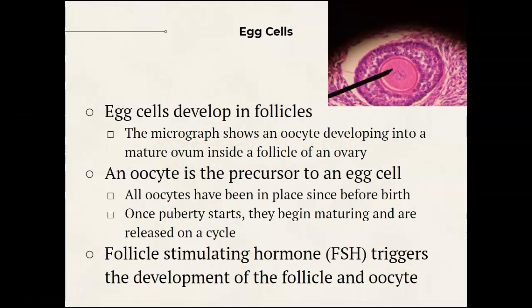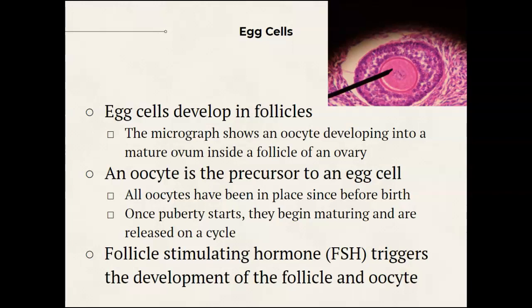When biological females are born, all oocytes exist. So you have a set amount of oocytes in your body when you're born. Once puberty starts, they begin maturing and are released on a monthly cycle. That's menstruation.